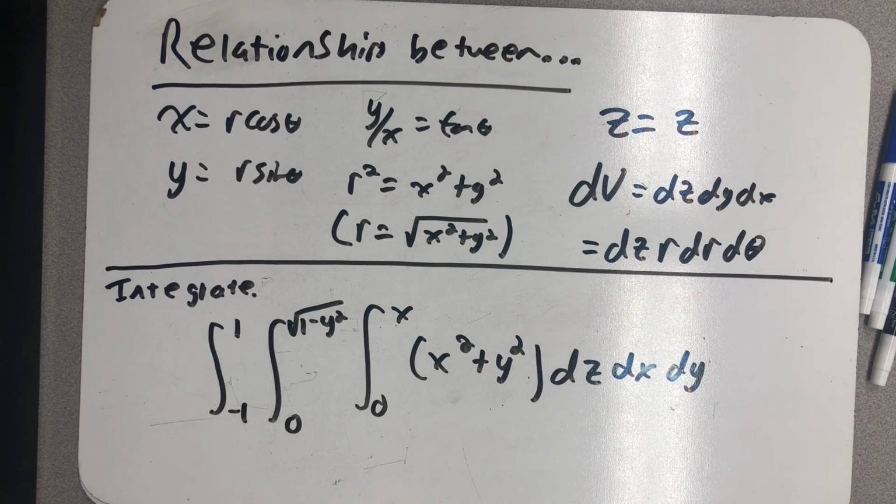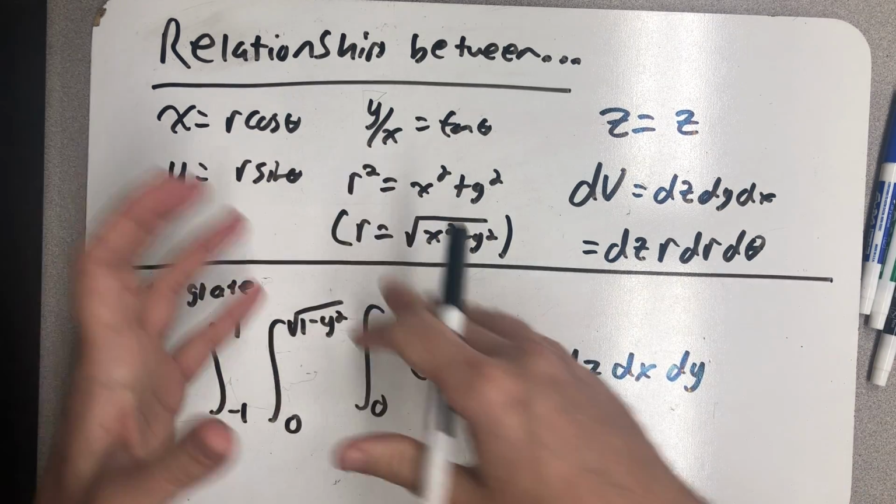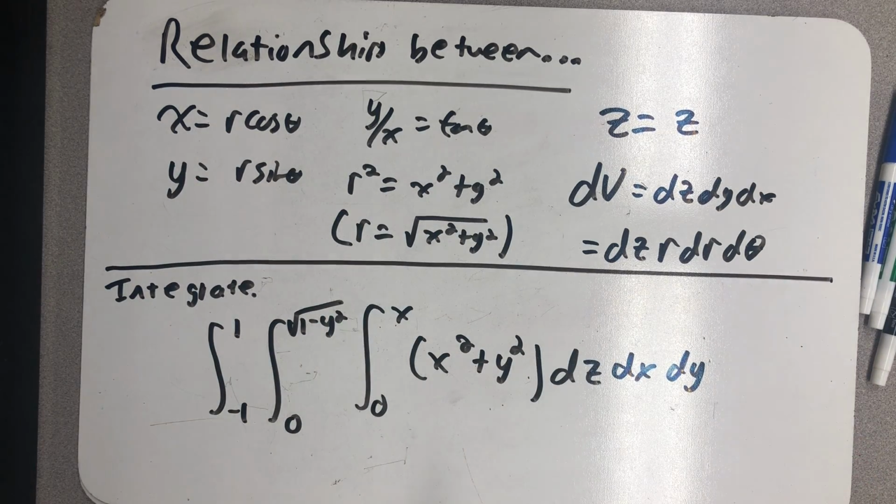In our last video, we finalized everything we need to know to relate rectangular coordinates to cylindrical coordinates. And what I want to do now is integrate this triple integral, but I want to use cylindrical coordinates, not rectangular coordinates. What's nice is our procedure for finding bounds isn't changed.